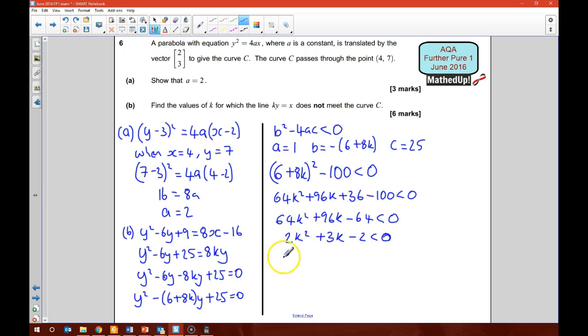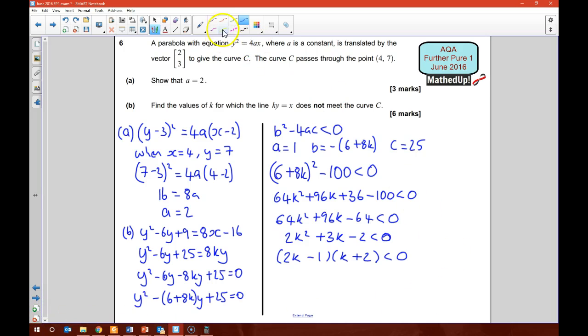So I factorize this, I've got (2k subtract 1)(k plus 2) is less than 0. That's going to be a negative 1 there and a plus 2 there. Let's just check to see if that works. 2k squared plus 4k, take away k gives us plus 3k, and negative 1 times positive 2 gives me the subtract 2 part.